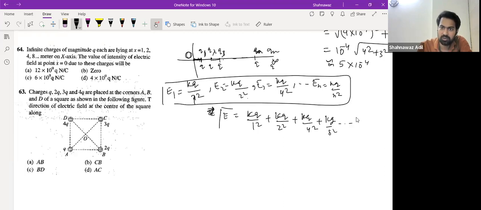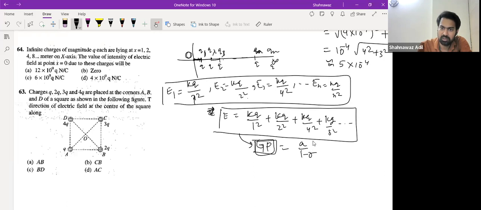You guys find out what it would be. Let me give you just one hint: you have to use geometric progression, and that is a by 1 minus r. So this is the whole idea that you need to solve this question. Understood, guys?